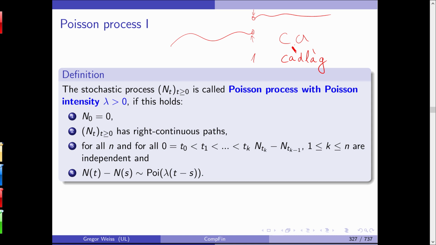Third property, for all n and for all t_0 less than t_1, and so on. So these are the points in time. N_{t_k} minus N_{t_{k-1}}, those are independent.